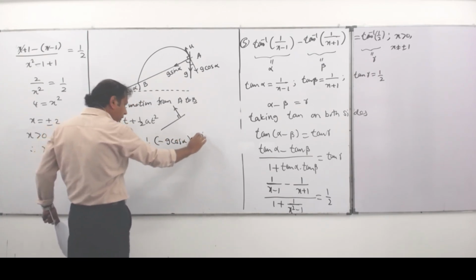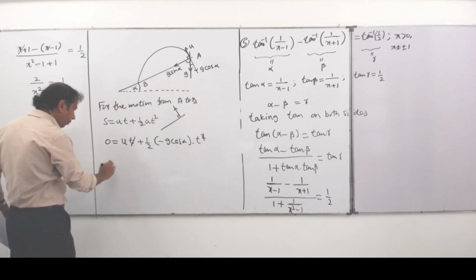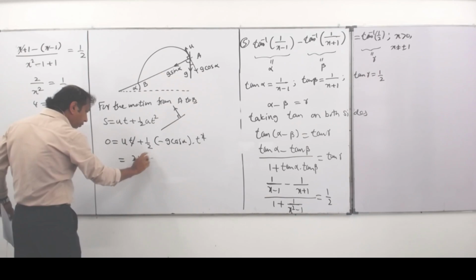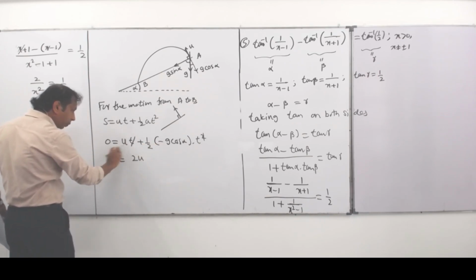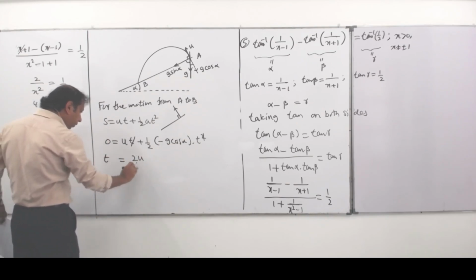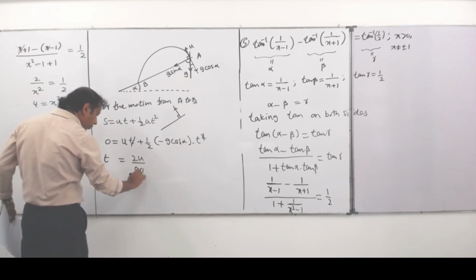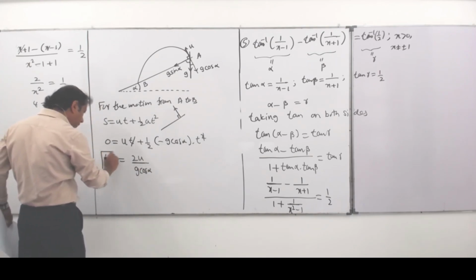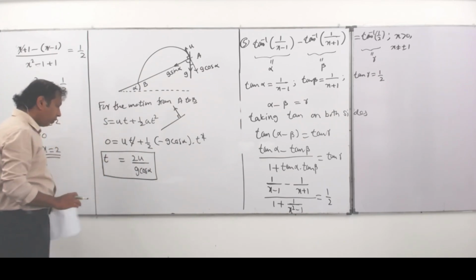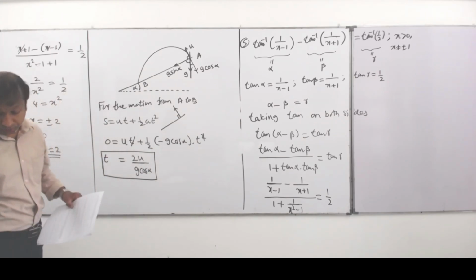One t you can cancel down, then take the t to this side. Multiplying by 2 on both sides, we get t equals 2u divided by g cos alpha. So the time is 2u over g cos alpha.